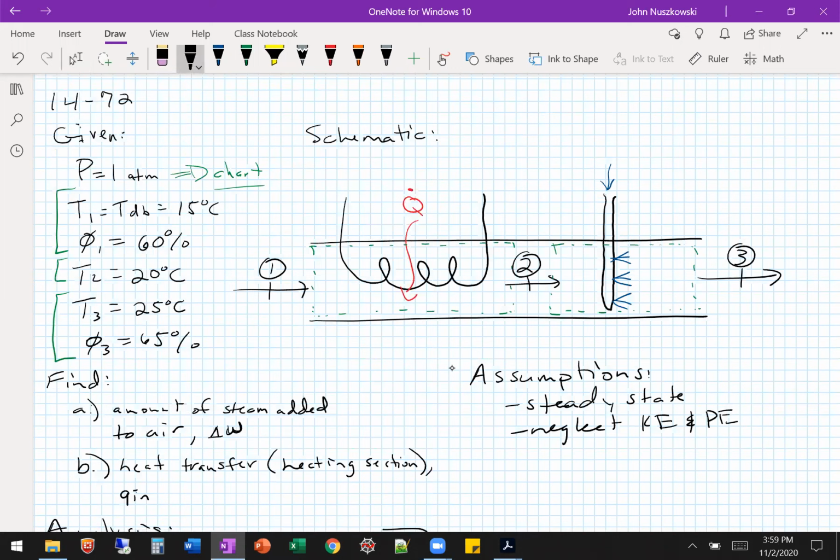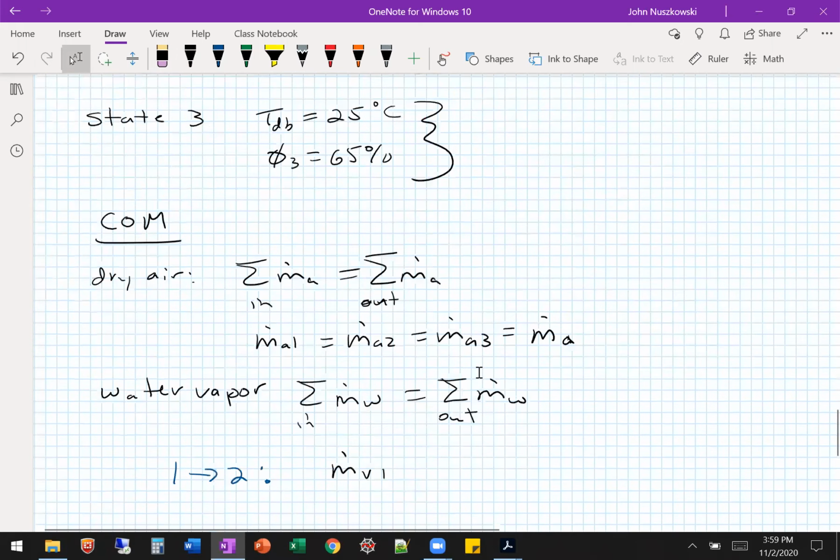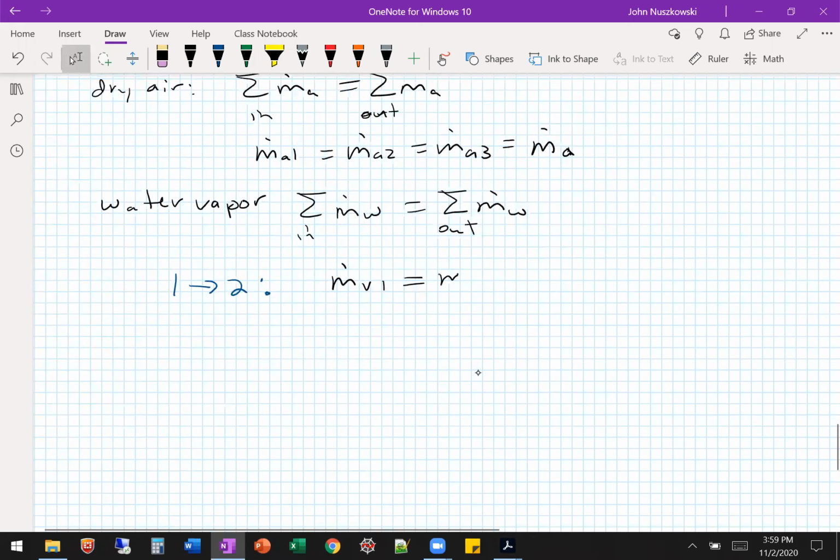We're not changing anything with the water vapor from 1 to 2, so the same amount is going to exit.